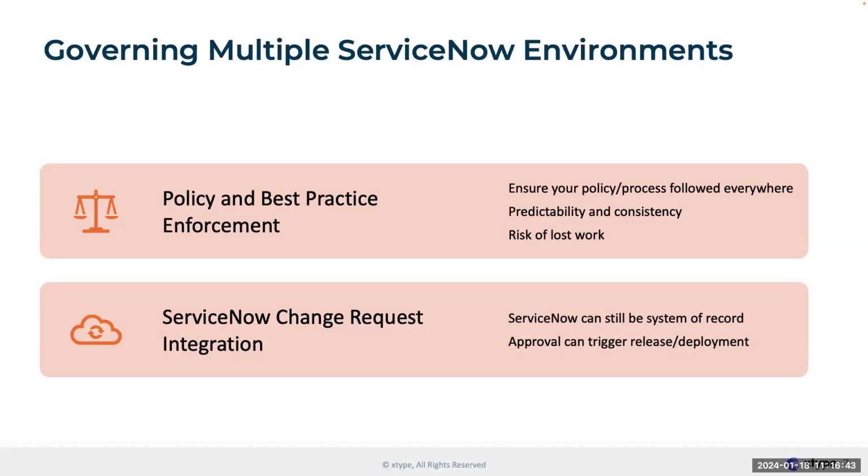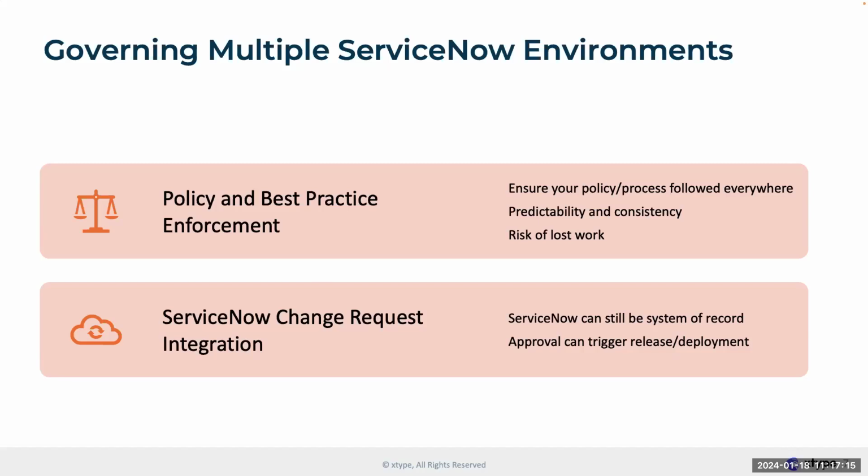But you're also now getting the confidence of knowing that whatever your process needs to be to move things from dev all the way up into production can be followed in an automatic format, including all of your approvals, even if they're manual approvals. All right. So you get the predictability, you get the consistency, and you reduce or eliminate the risk of loss of work. And so that's a huge boon.